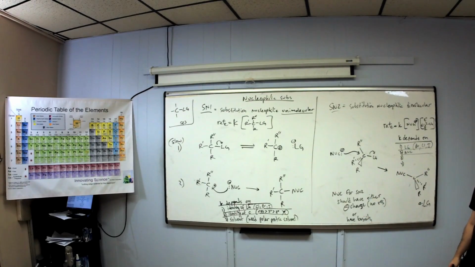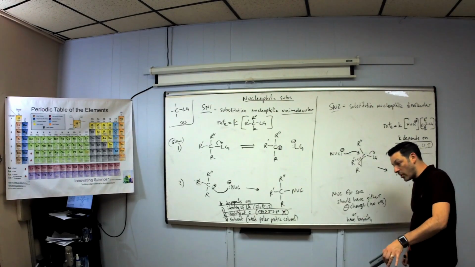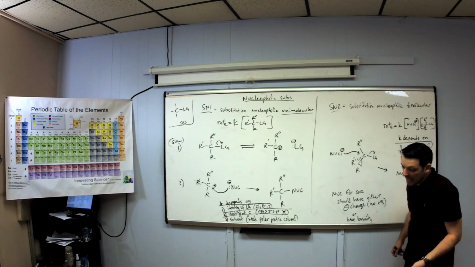And the way we judge basicity is you are a base if you have a conjugate acid that's not strong. If your conjugate acid is strong, then you are dead as a base.